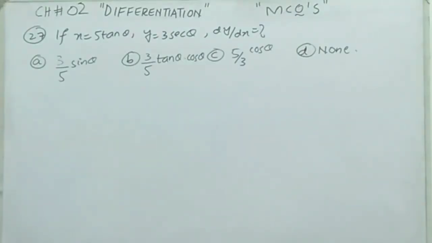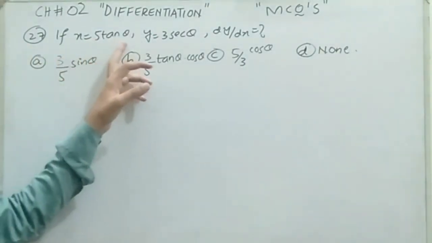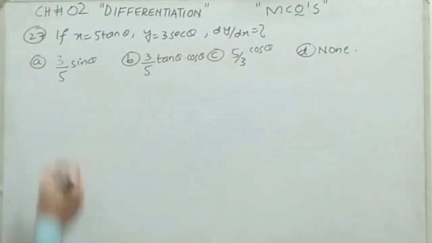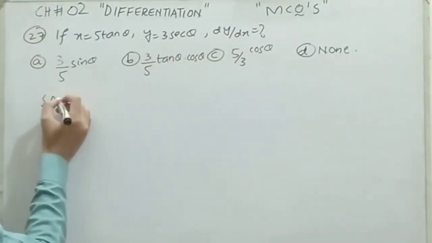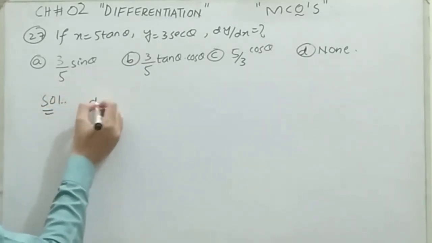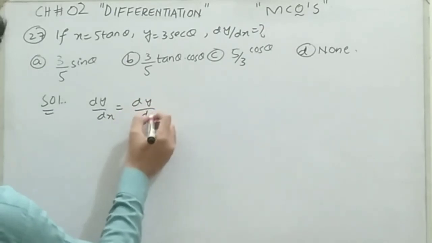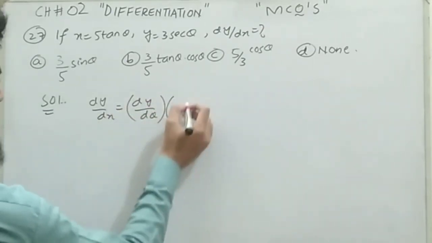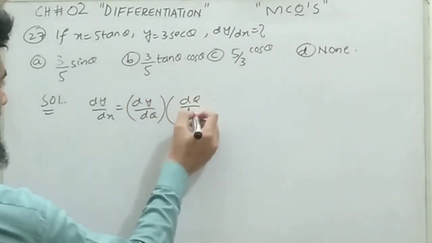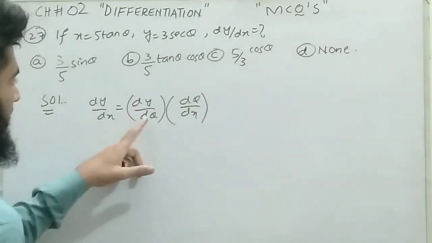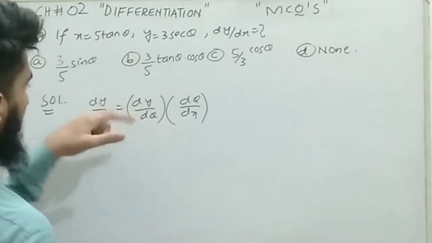Now move toward MCQ number 27. If x is equal to 5 tangent theta, y is equal to 3 secant theta, find the value of dy by dx. So this type of MCQs can be solved using chain rule that tells that dy by dx will be equal to dy by d theta multiplied by d theta by dx. Using this formula we get dy by dx. So dy by d theta means differentiation of y with respect to theta.